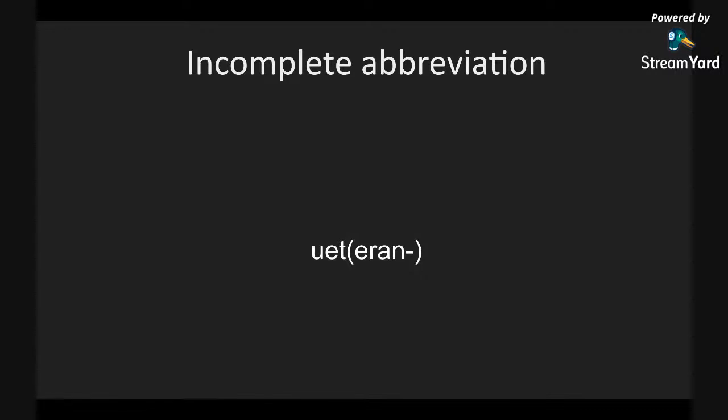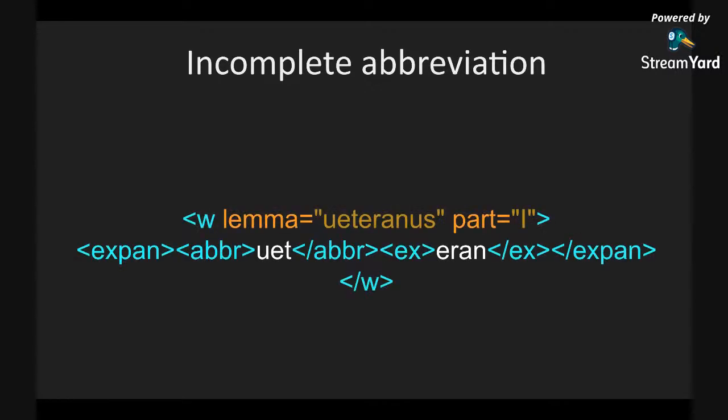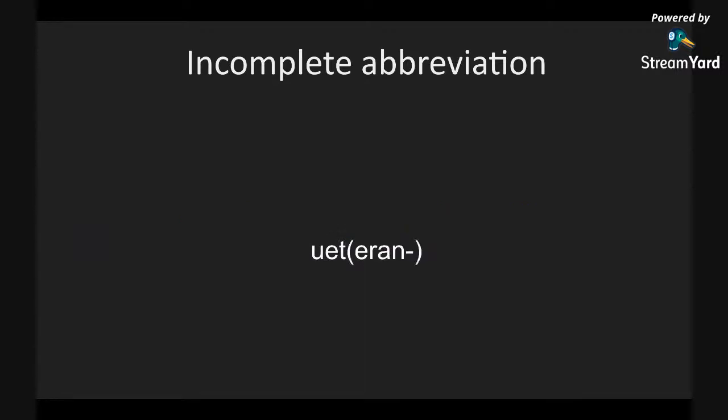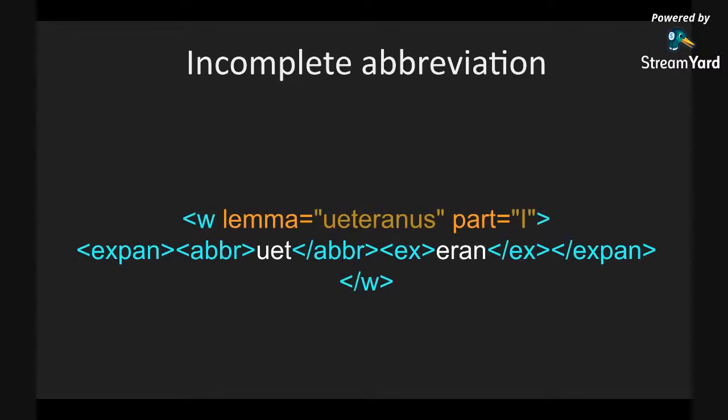This is particularly useful in inflected languages like Greek and Latin, where we can pretty much tell that this is the word veteranus, but we don't know what case it's in. So we expand the abbreviation as usual, but we add around it the W tag with a part equals I. And that hyphen in the Leiden is what is represented by the part equals I in the markup there.